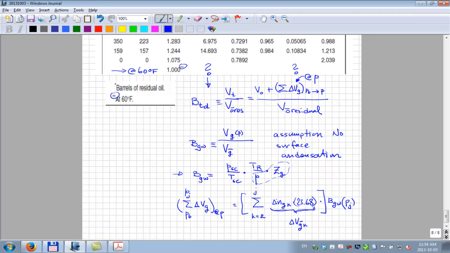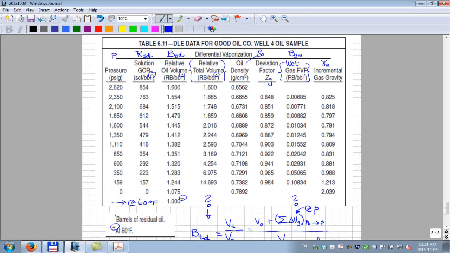So anyway, that's how the laboratory calculates this term here, BT differential.